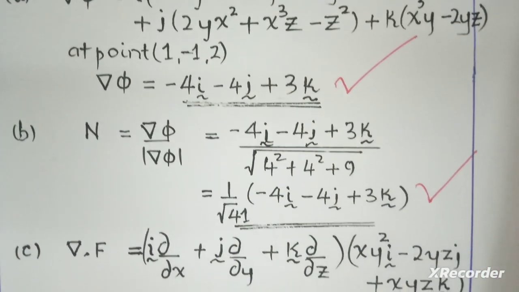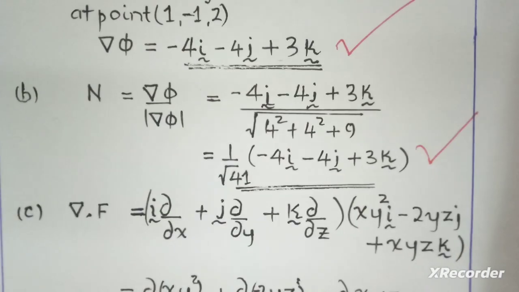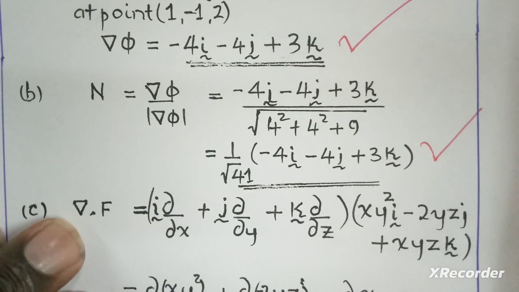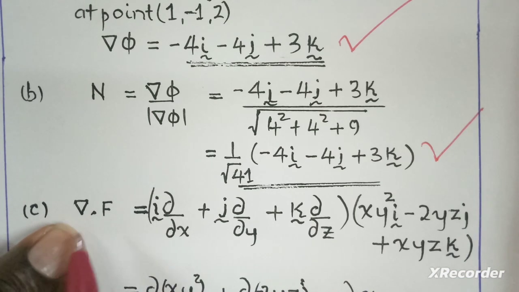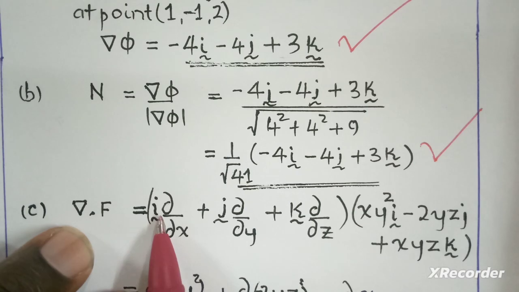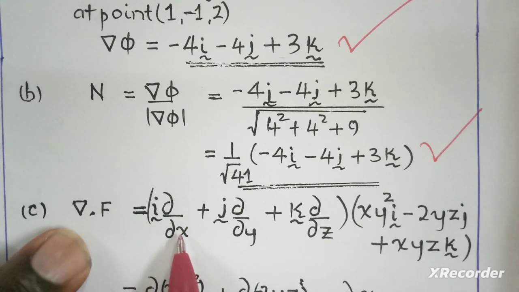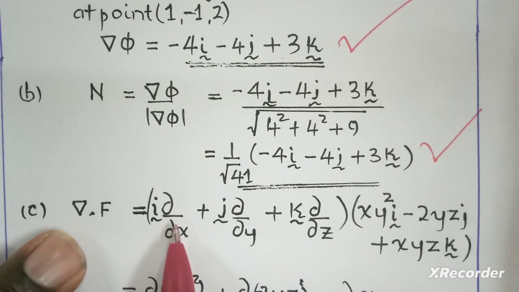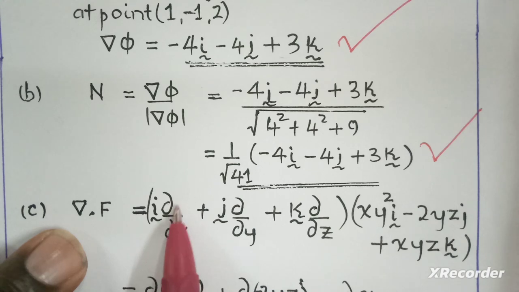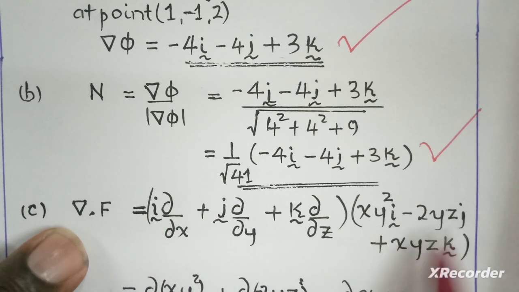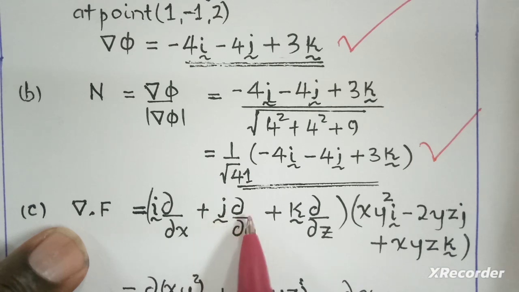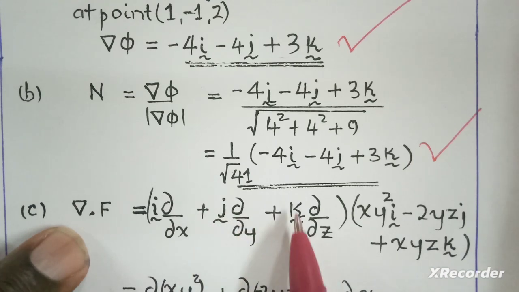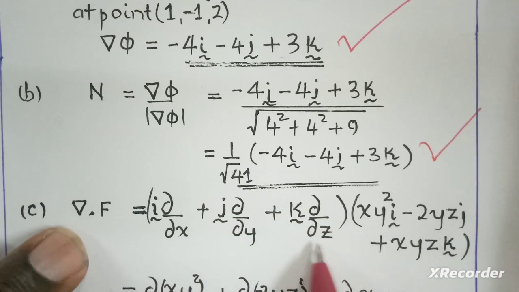Then we come to this part C. For C, we say this del is actually the derivative, whereby we were saying with respect to x, of the first function, which for us is this function here. The derivative plus j derivative with respect to y, plus k derivative with respect to z.